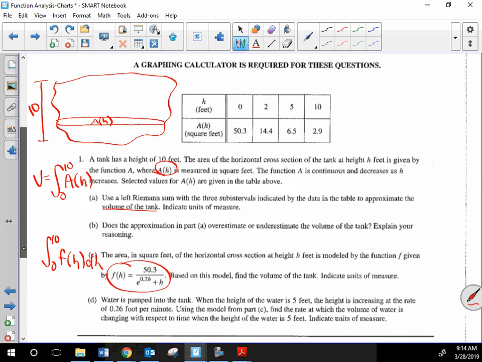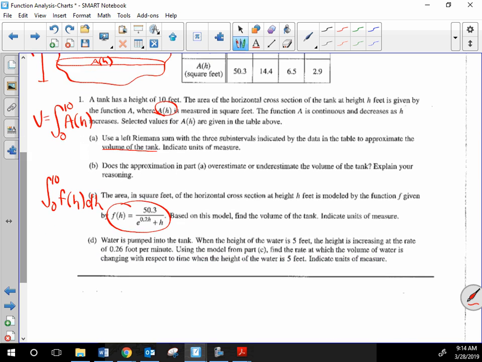All right, and then part D, it says water is pumped into the tank. When the height of water is 5, so when h is 5, the height is increasing at a rate of 0.26. So my rate of change of height, dh dt, is increasing, so a positive 0.26 feet per minute.